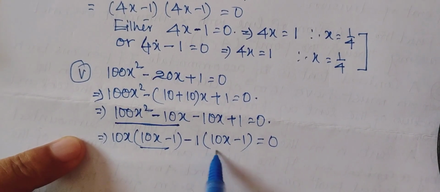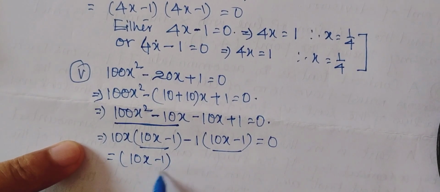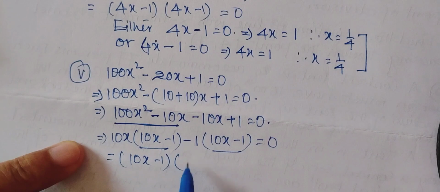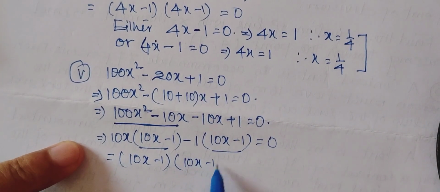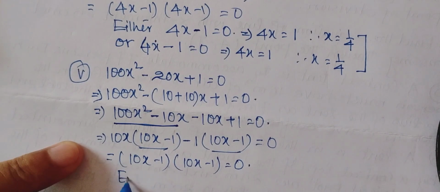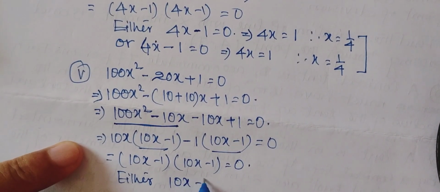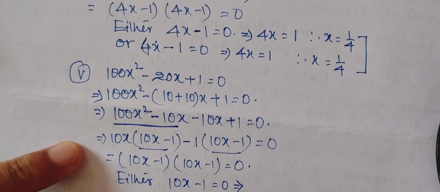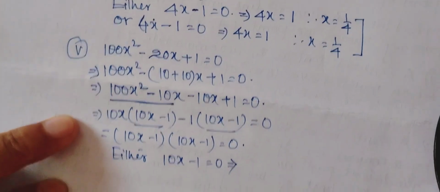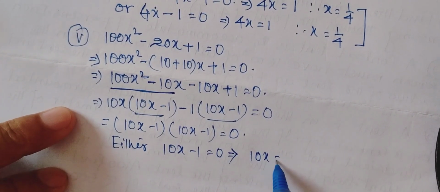So these and these are the same, we are taking 1 common, 10x minus 1, and 10x minus 1 we are putting in a next bracket, equal to 0. Okay, so either 10x minus 1 equal to 0 or 10x equal to 1.